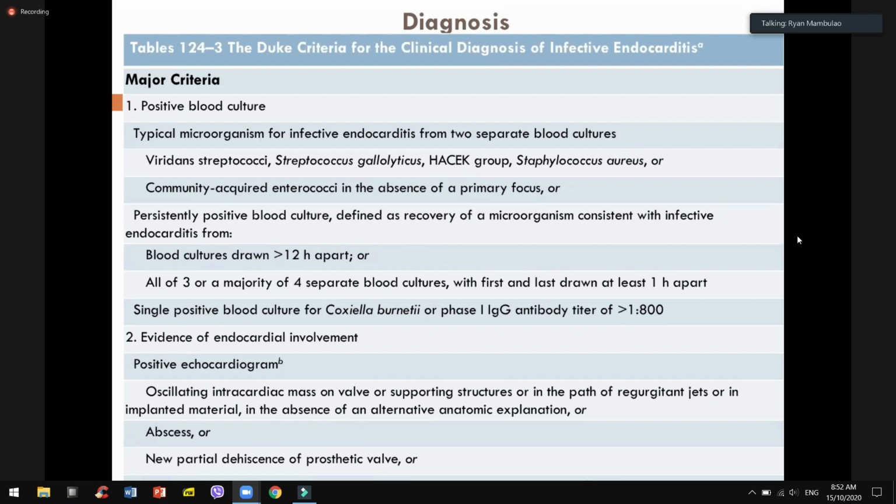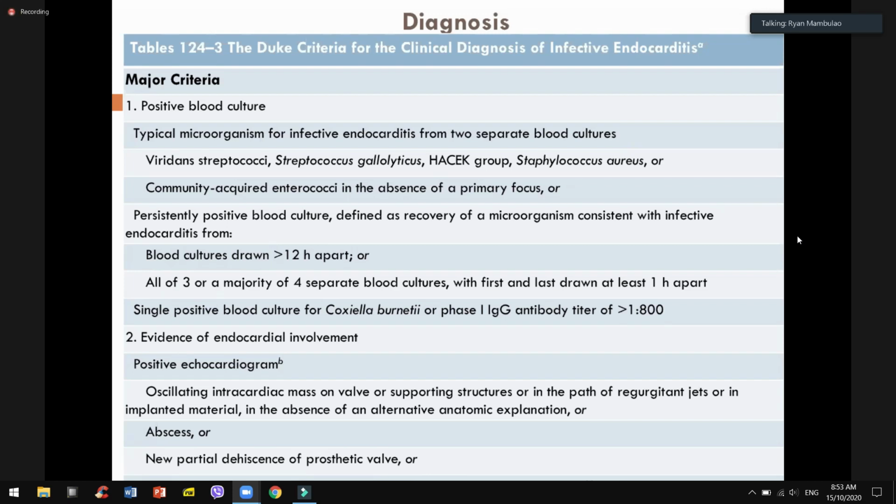Either a positive blood culture or 2D echo findings. So most of the time, you have one. Because if the blood culture is negative, because of, let's say, the HACEK group, on 2D echo you will most likely see something. So at least you have 1 major criterion, and you just have to look for 3 minor criteria, and then the yield that your diagnosis is correct is high.